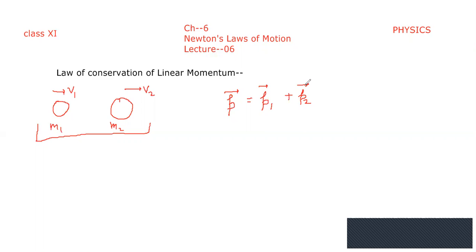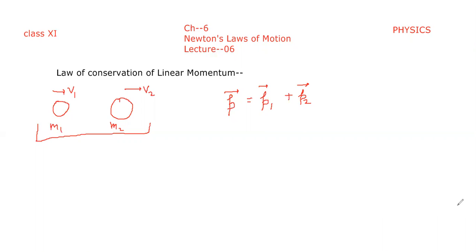Now suppose F1 and F2 are two forces acting on particles of mass m1 and mass m2 respectively. Suppose F1 is acting on mass m1 and F2 is acting on mass m2. So the net momentum of the system will change.